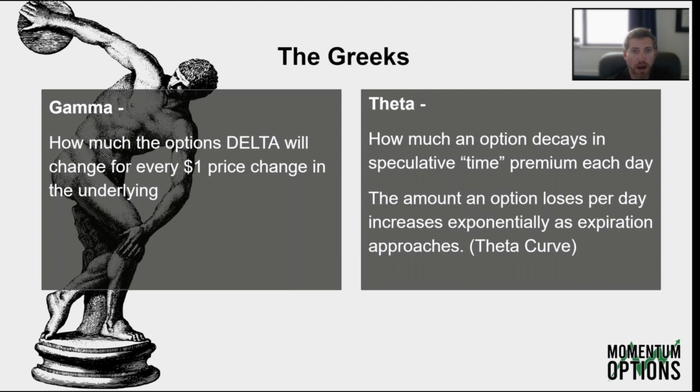When you first buy an option, maybe you have a month on it, you might have a theta of 9, meaning every day you're going to lose $9 in speculative value per option. But as you get to expiration day, that same option might have a theta of 80.